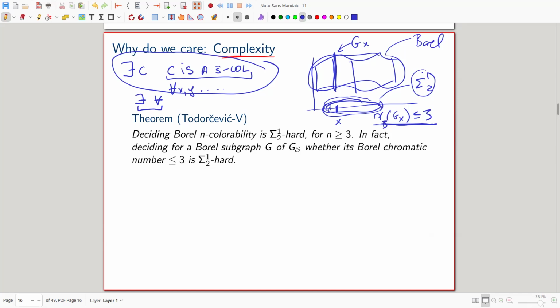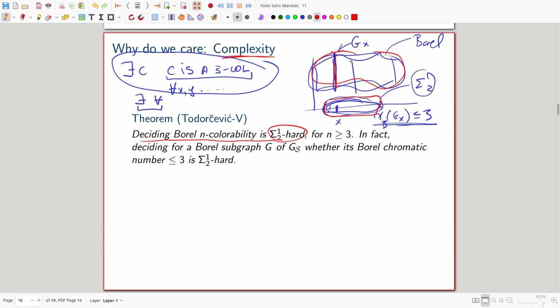We proved with Stevo Todorcevic that Borel n-colorability is sigma 1, 2 hard. It means that there exists a Borel set such that the parameters for which the corresponding graph has a 3-coloring form a sigma 1, 2 hard set. In fact, it's going to be sigma 1, 2 complete, so this is the optimal statement.